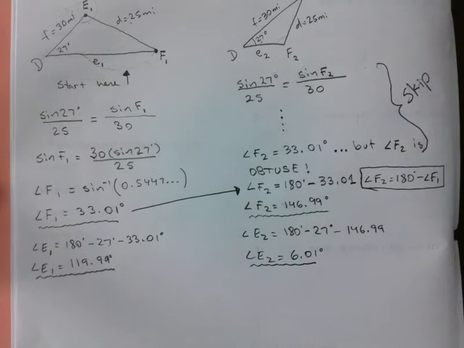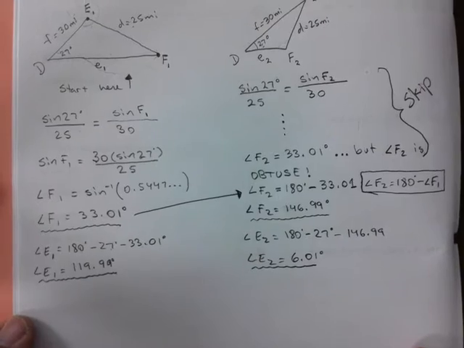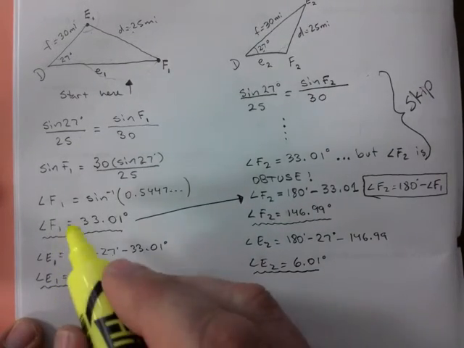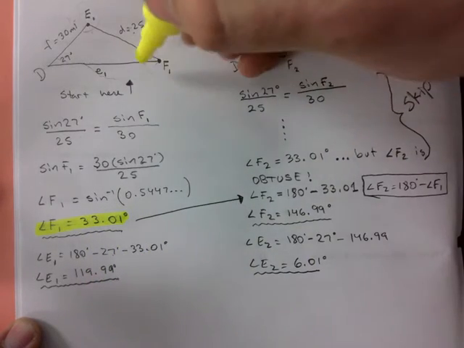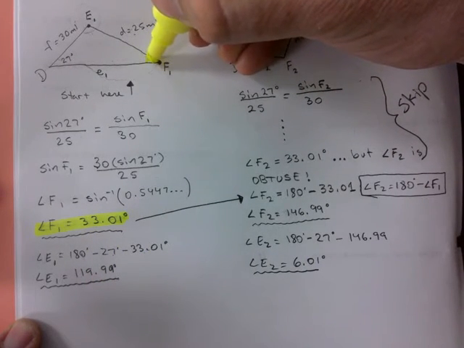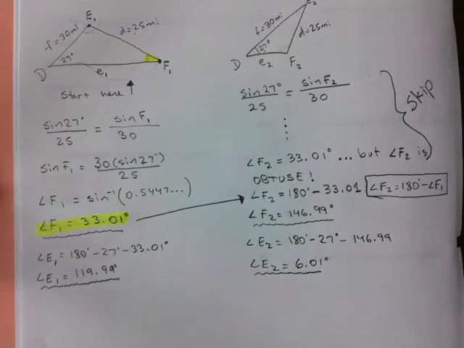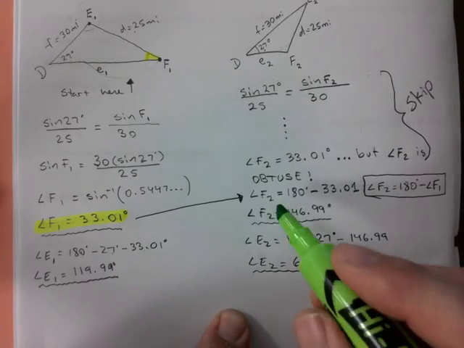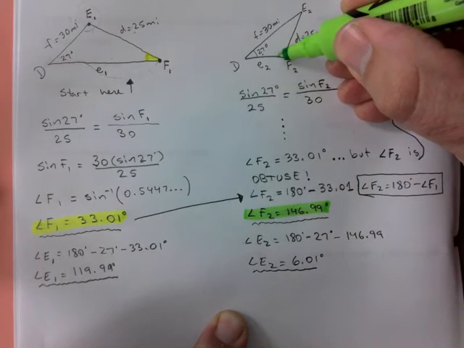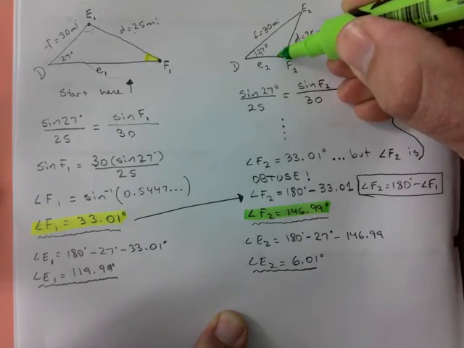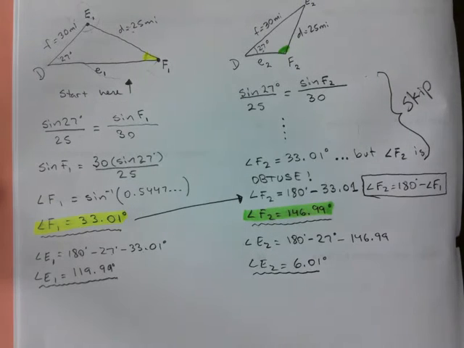And so now, if you have the highlighters, let me see, I want to be careful here. So this angle right here, it's nice if you can do one of those, right? You're like, yeah, that's that one. And the angle F2 here, tell yourself that that's that one right there.